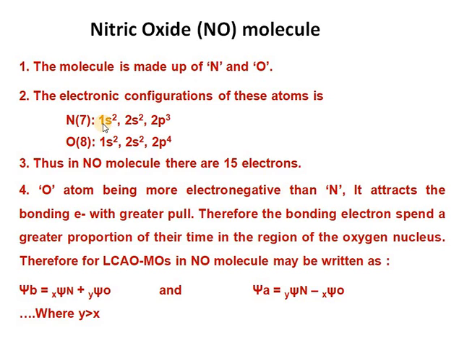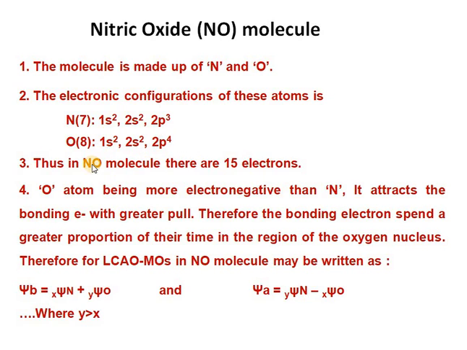The electronic configurations of these two atoms are, for example, nitrogen, which has 7 electrons distributed as 1s2, 2s2, 2p3, and the oxygen atom, which has 8 electrons distributed as 1s2, 2s2, and 2p4.